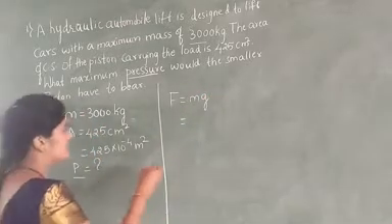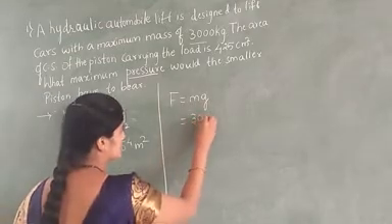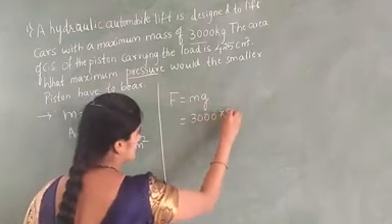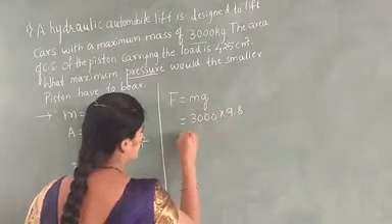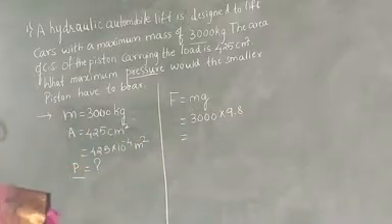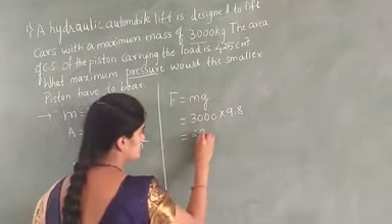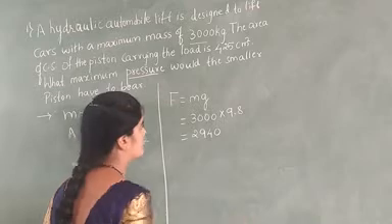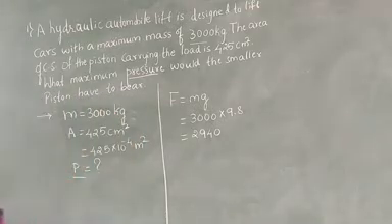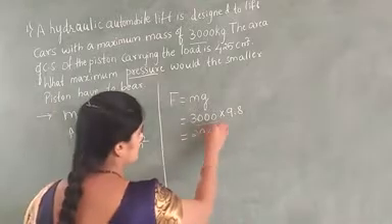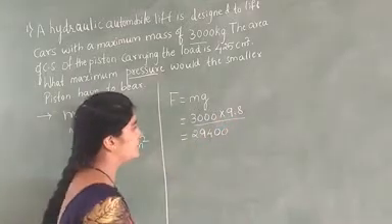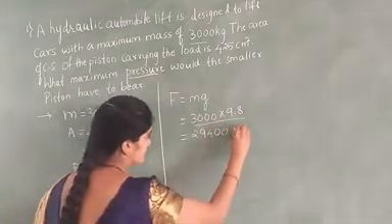Put the value of mass, M is equal to 3000 and g is 9.8. Now the calculation part, F is equal to 29400 Newton.